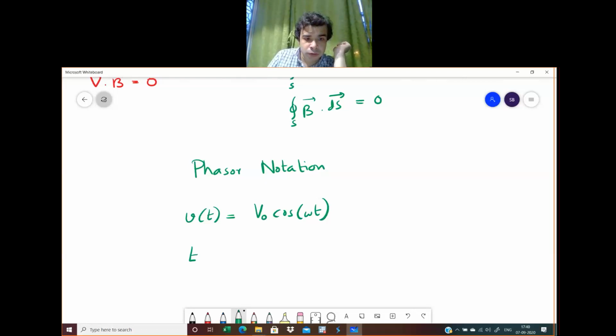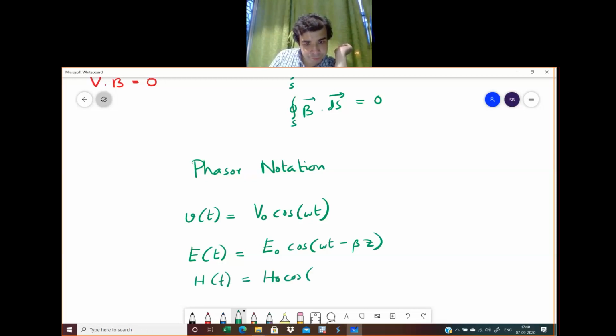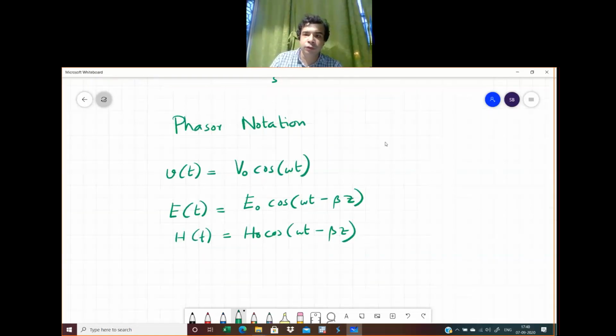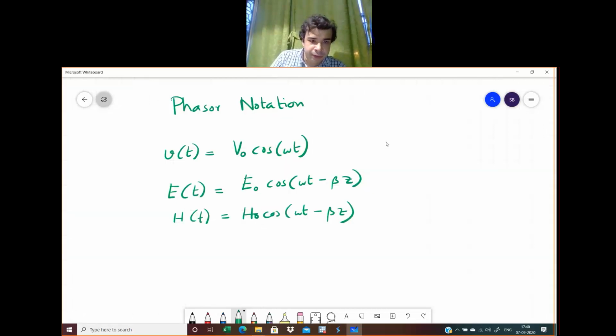For a propagating wave, the electric and magnetic field usually look something like this. These are the typical forms of E and H, which will of course be functions of both z and t. So these are the typical forms of E and H, which we will see in this class throughout this subject.